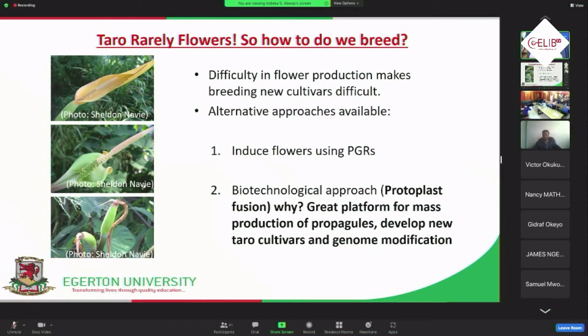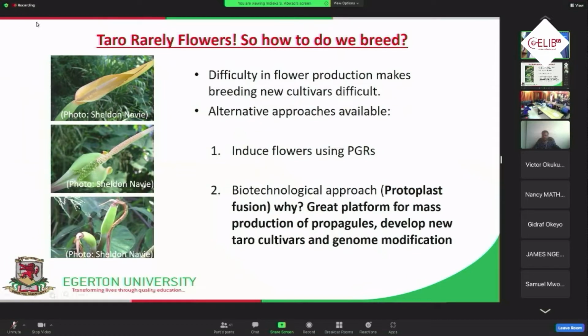The one that comes to mind quickly is a Japanese scientist, Naoki Katasura, who tried to use GA, or gibberellic acid, to induce taro to produce flowers.